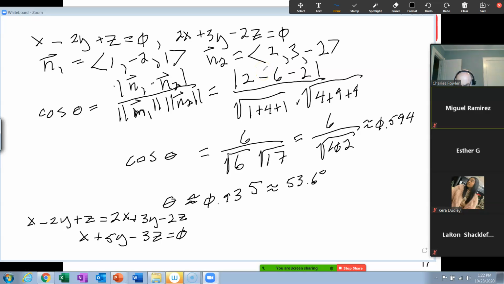It says find the parametric equations for that line of intersection. So basically you would have x, and use a point that's on either one. Well, why not 0?